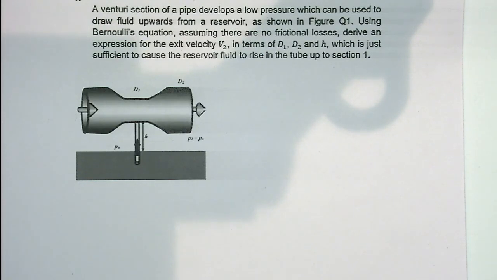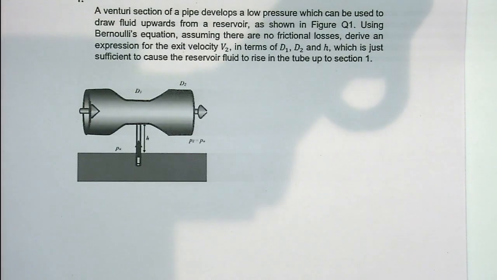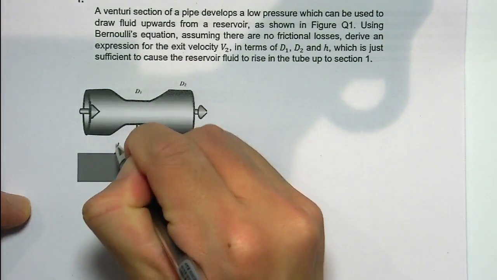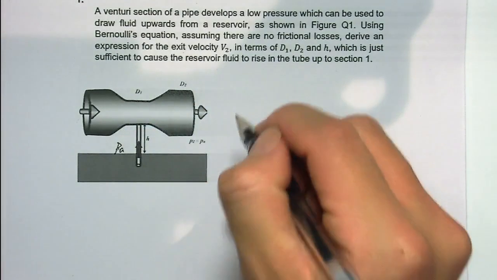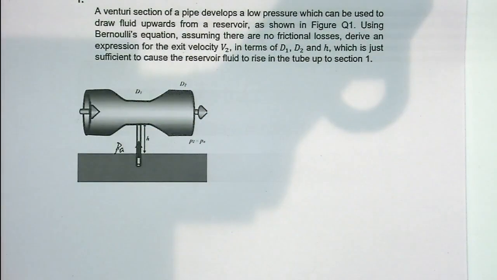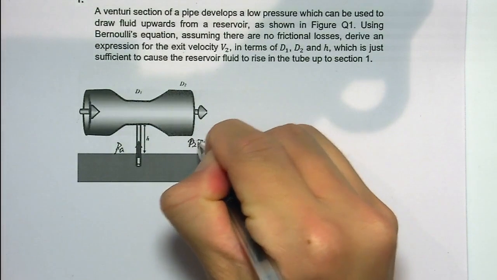Assuming there is no friction loss, it wants us to derive an expression for the exit velocity V2. In this question, we suppose that the atmospheric pressure is PA, and the pressure at the outlet is P2, which is equal to PA.